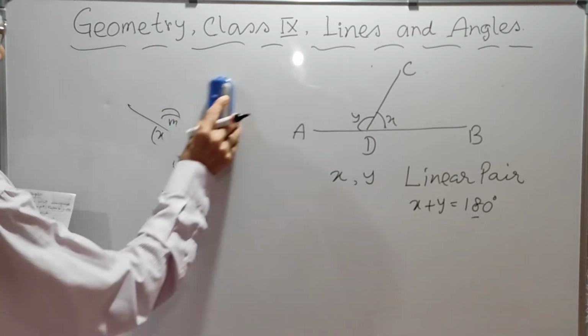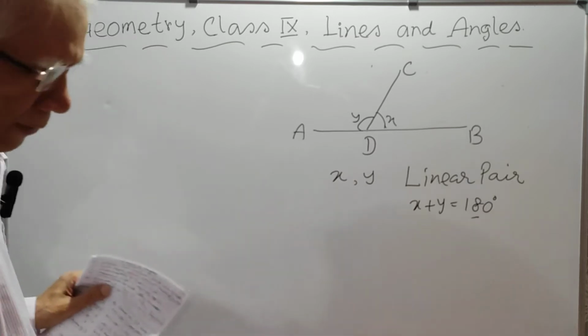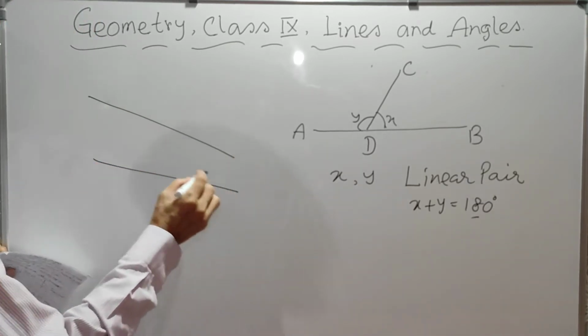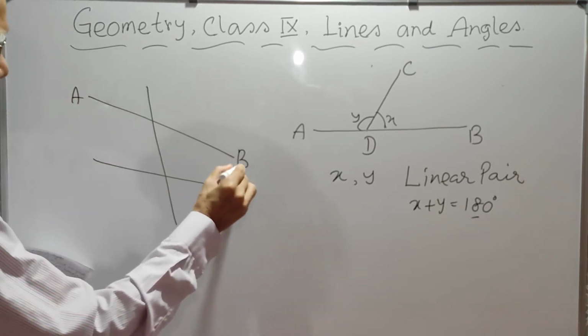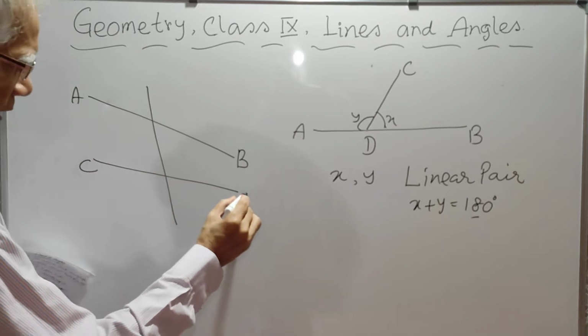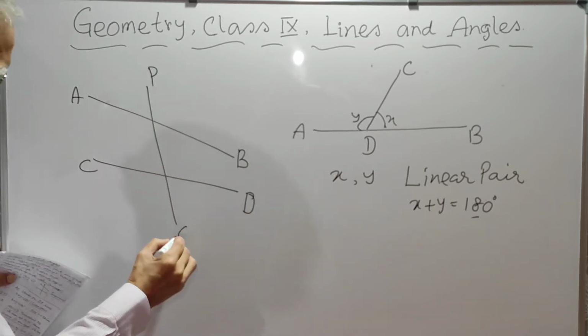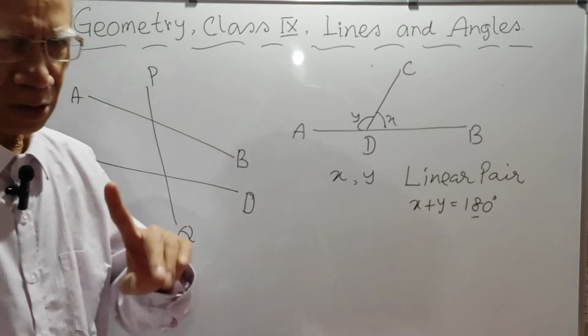Then comes alternate angles and corresponding angles. Now consider these two straight lines, straight line AB and straight line CD. Whether they are parallel or not, we do not know.